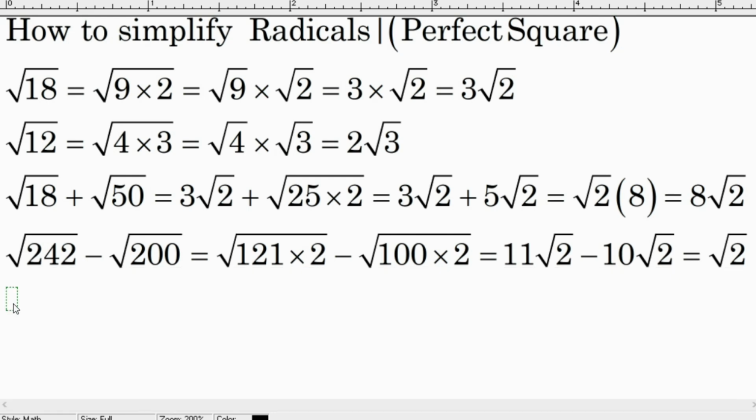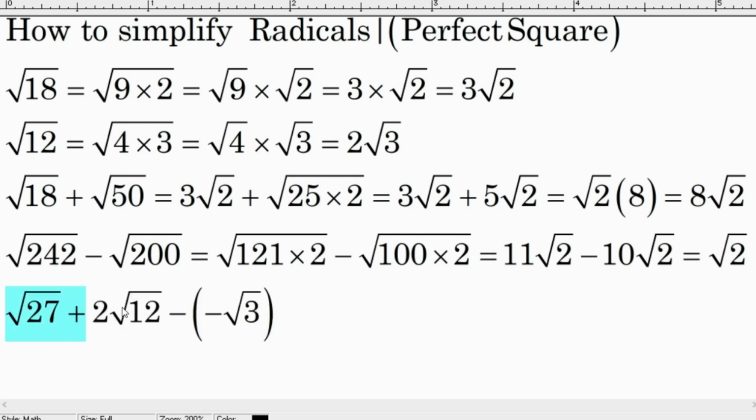Alright? Okay, so let's move to a bigger question. So let's say if we have this. In order to calculate this, we have to simplify the radical here. So let's do it together.